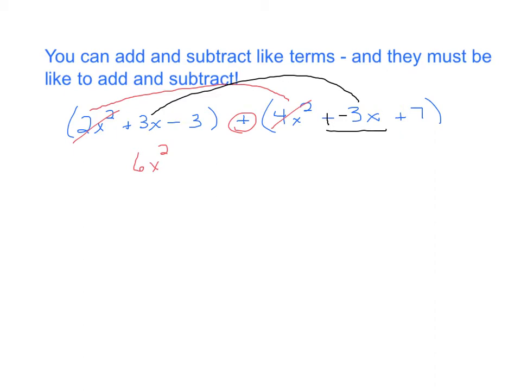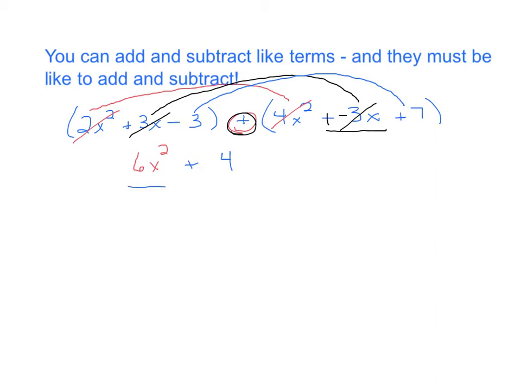So 3x plus negative 3x is 0. So we don't need to write anything down there. We can cross it out so we know we've dealt with it. The last term is going to be negative 3 plus 7, which will be positive 4. So our answer is 6x squared plus 4.